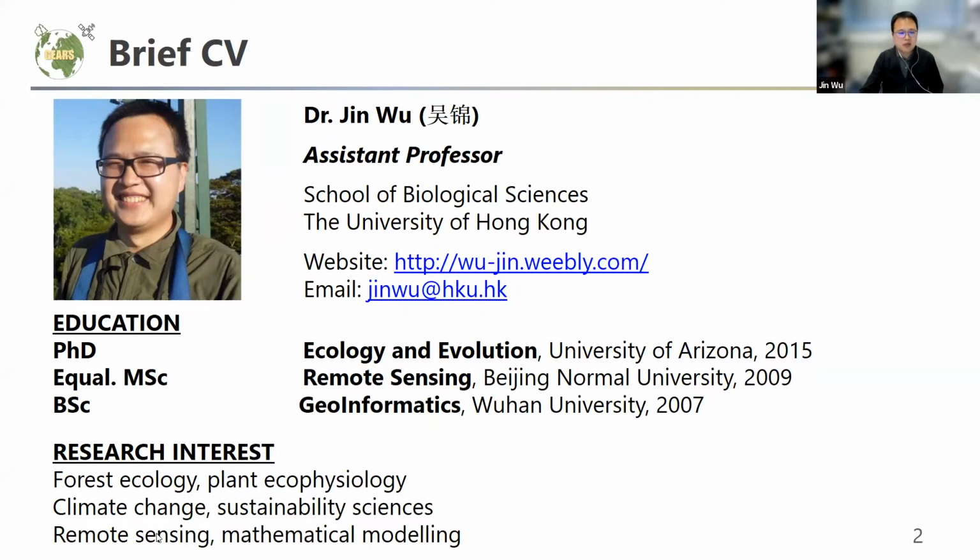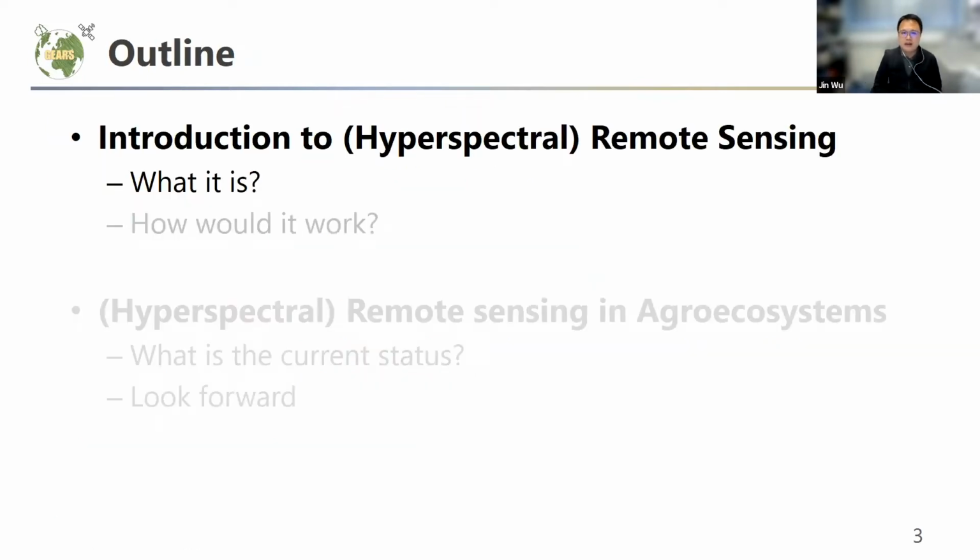Over the years, we have been developing integrated techniques, including remote sensing and modeling approaches, to study these topics. And I hope my past background using remote sensing in forest ecology can be insightful for some regular agriculture research as well. But frankly speaking, I'm still a layman in the agriculture field. So I really appreciate this opportunity to learn more from you all, and also probably more collaboration in the future as well.